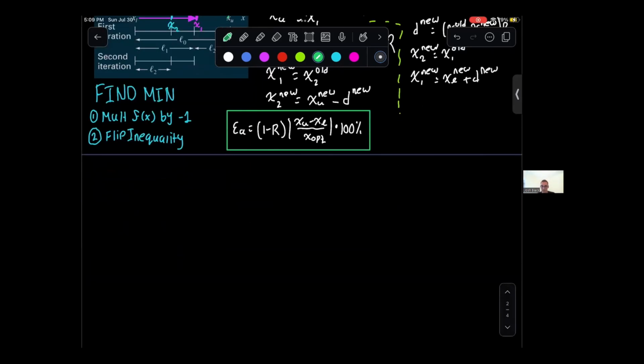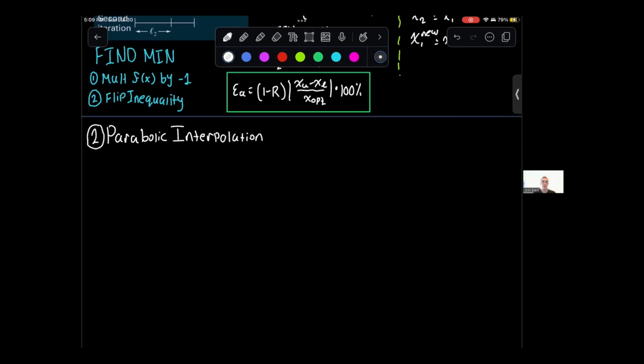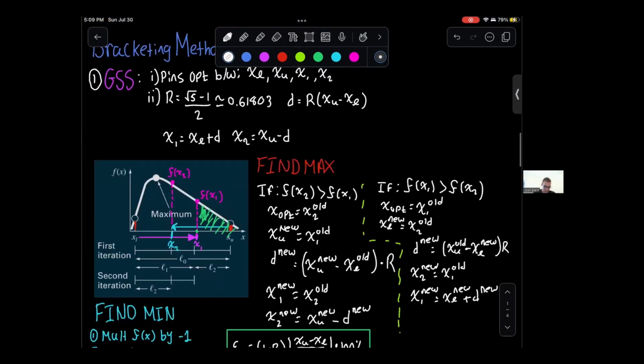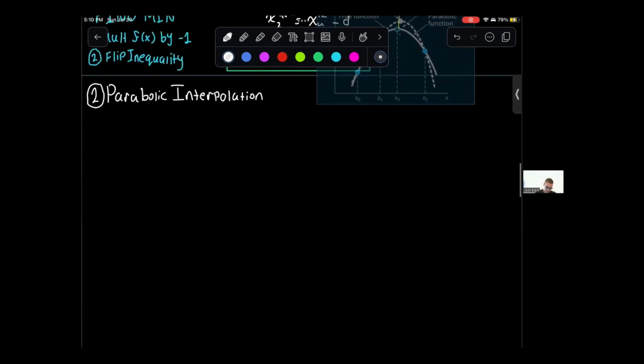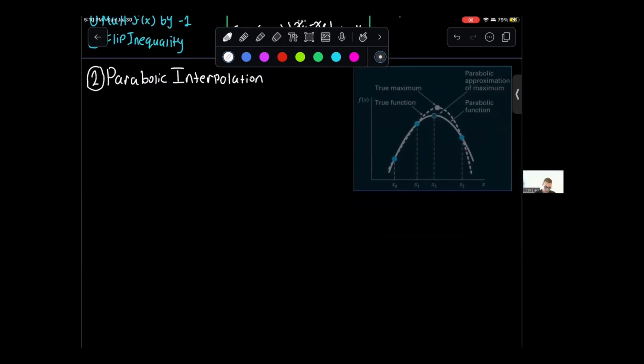Fantastic. Okay. All right, let's turn our attention now to parabolic interpolation. Now, I'm going to pull that one picture that I moved. Perfect.